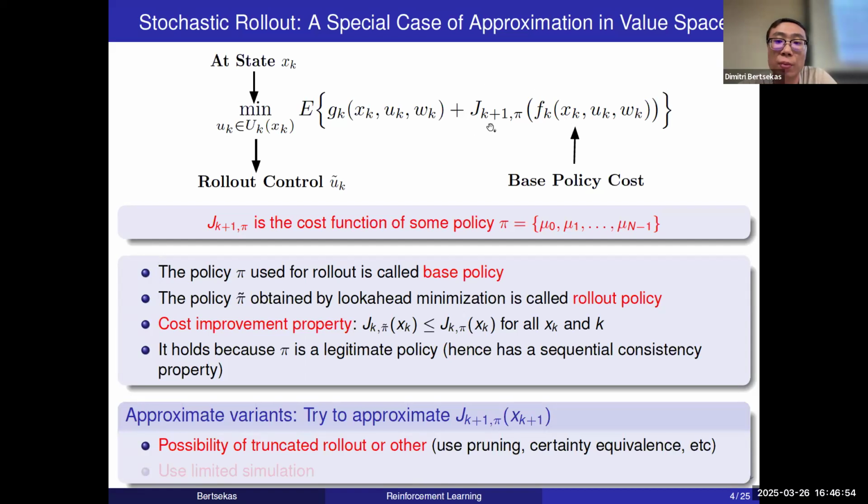Suppose that we have a finite horizon problem with horizon n, where n is a very large number, let's say 100. In the initial stage, after we explore some control u_0, you need to evaluate the cost function of a base policy starting from some x_1.